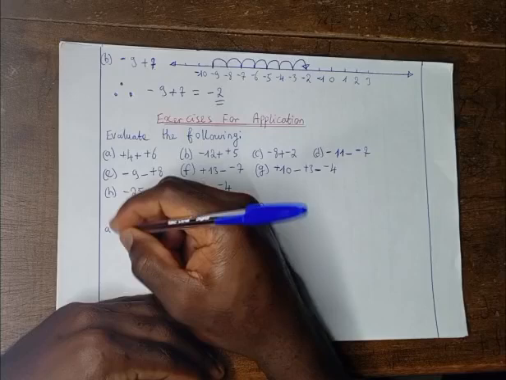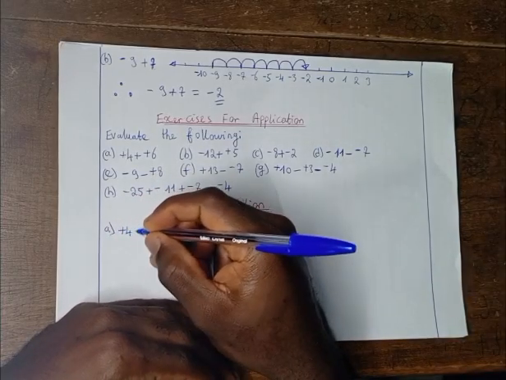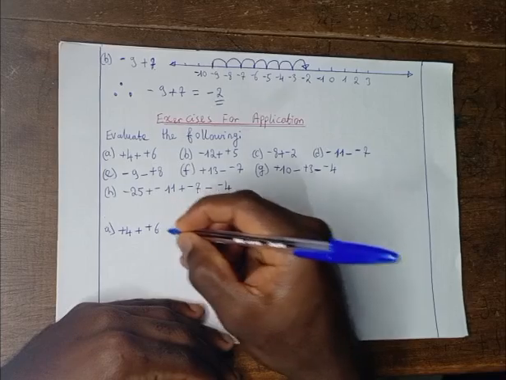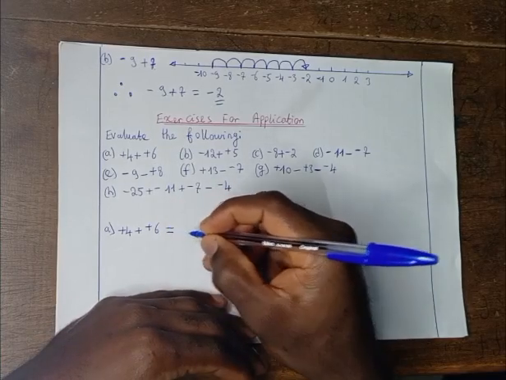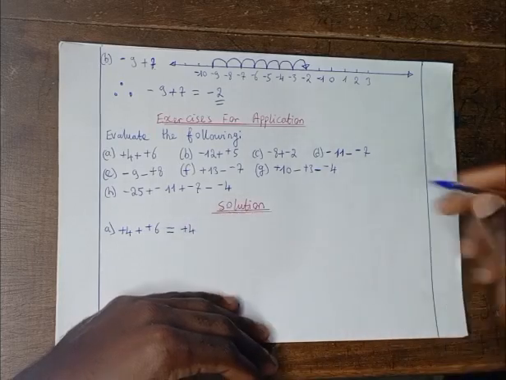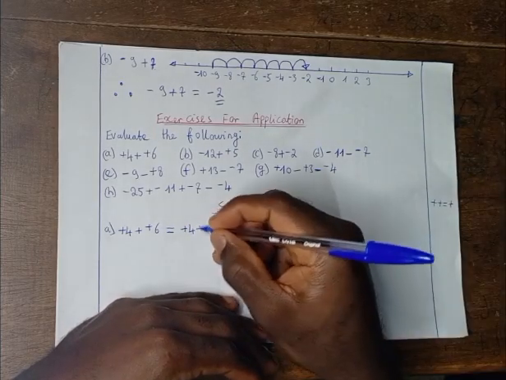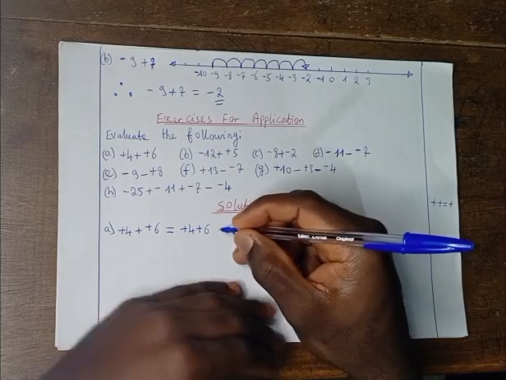Question A, we are to evaluate positive 4 plus positive 6. This will simply be equal to positive 4. When we have two positive signs, plus, the resulting sign is plus. Positive 4 plus 6.